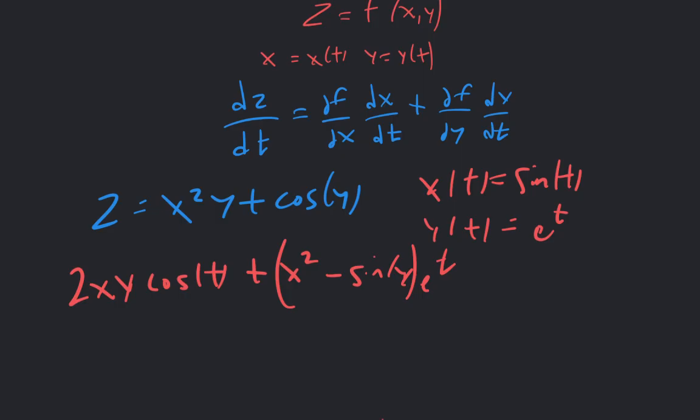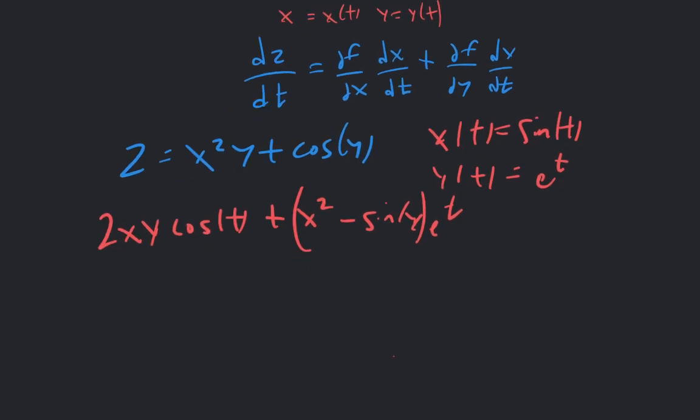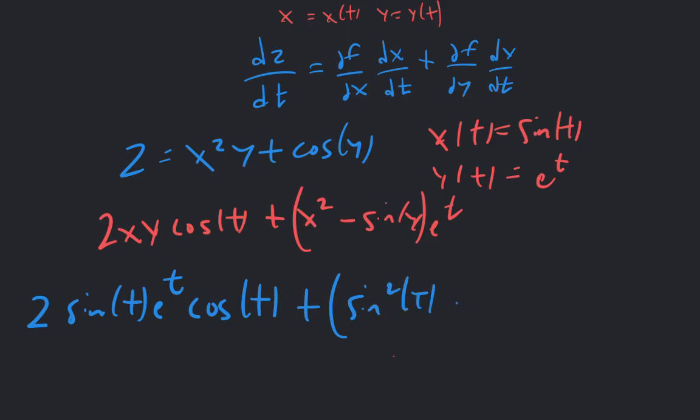We can then also substitute what x of t and y of t are. So, 2 times sine of t times e to the t times cosine of t, plus x squared is sine squared of t, minus sine of y, so sine of e to the t, times e to the t.